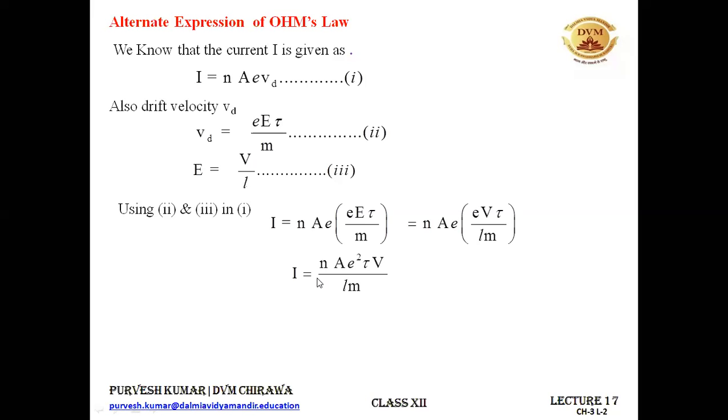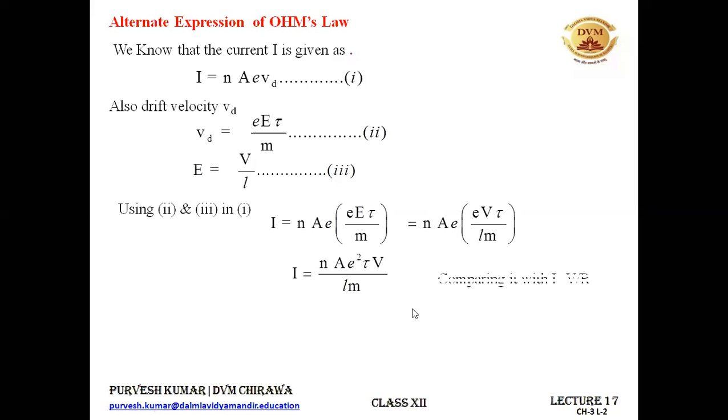When you open up this bracket, you are left with I is equal to nAe² τ V upon Lm. All right. So this is the expression for I in terms of number density, area, voltage, relaxation time, and length, as well as mass and charge of the particles that are flowing.